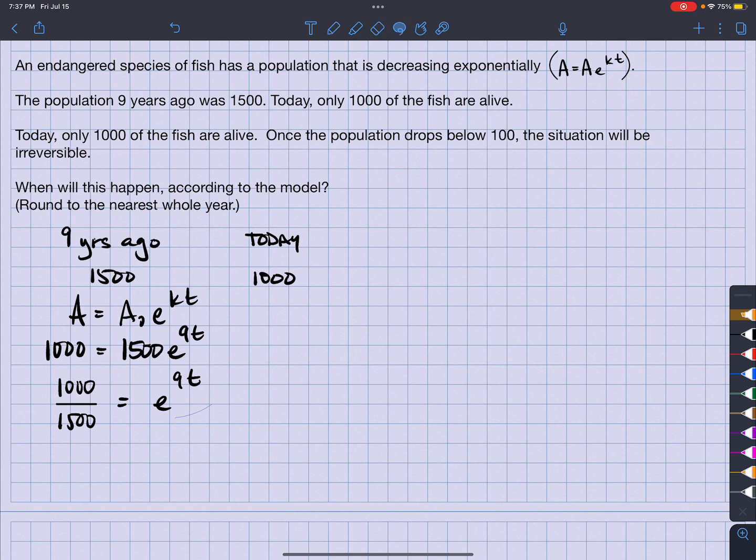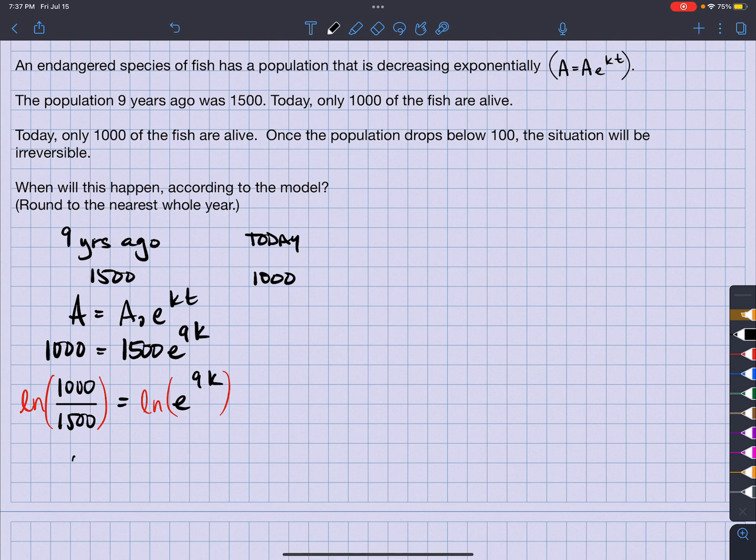So what I need to do here is take the ln of both sides. Oops, sorry. This is not t, this is actually k, because t was the 9 years.